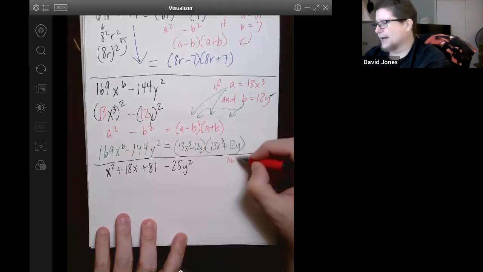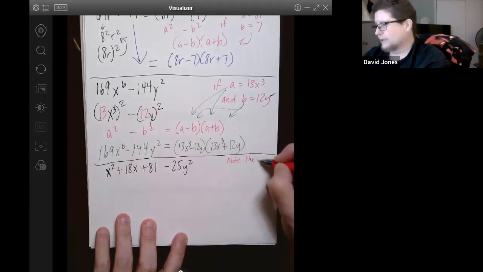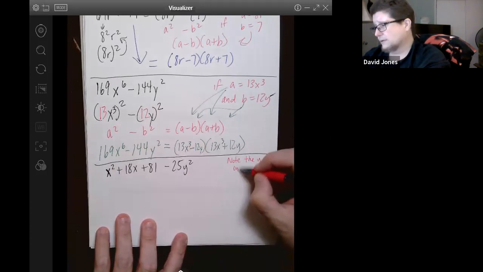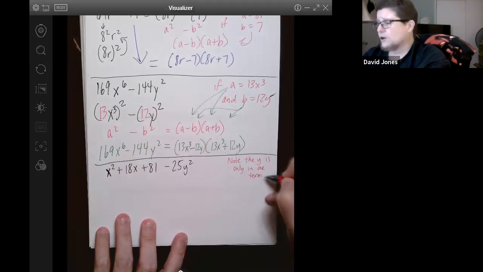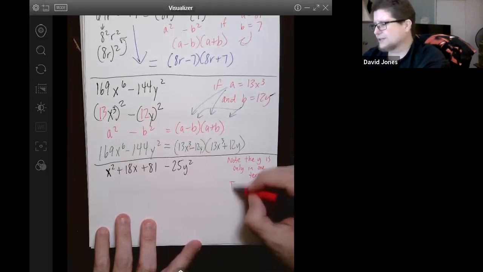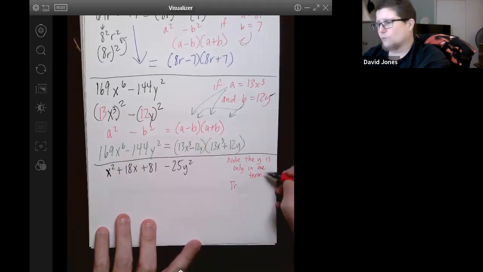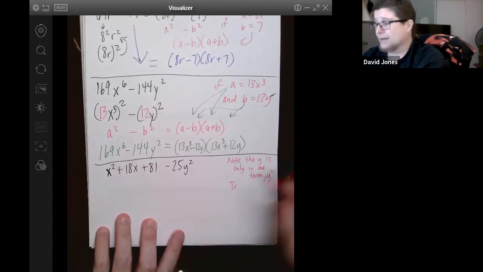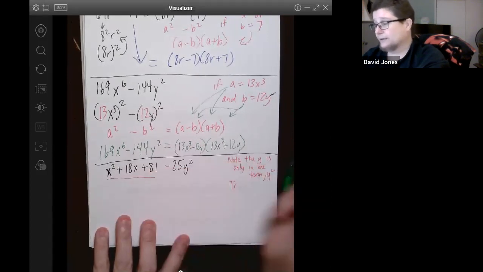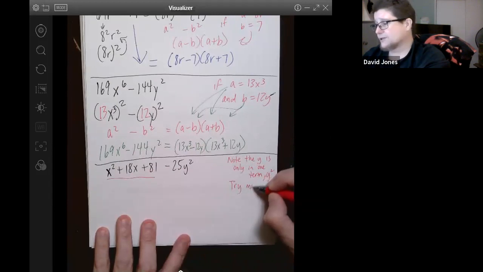Note the y is only in one term. So try to make the rest a square. One term and it's y squared. So if I can make the rest into a square, try making the rest a square.